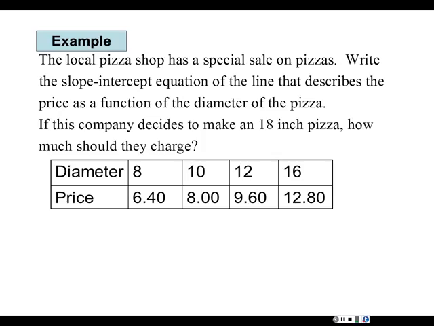Based on what they know, look at the last line: if the company decides to make an 18-inch pizza, how much should they charge? Interesting question. They don't have an 18-inch yet. Let's say they're trying to introduce the 18-inch, and they're trying to predict what they should charge.